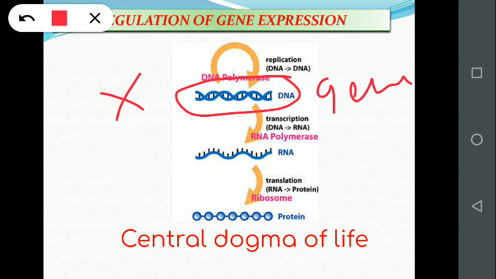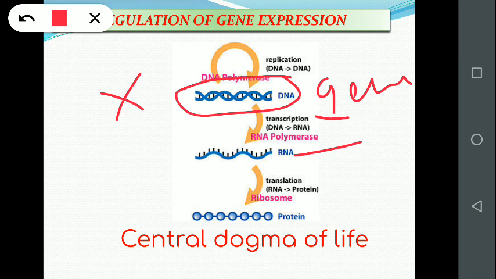So this gene is the X gene, and this gene enters a transcription process. Transcription is DNA-dependent RNA synthesis. From this gene we will get an mRNA molecule, and we will have the same nucleotide sequence in mRNA and DNA also.